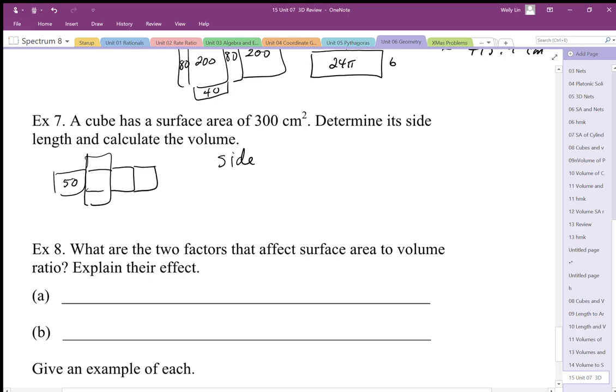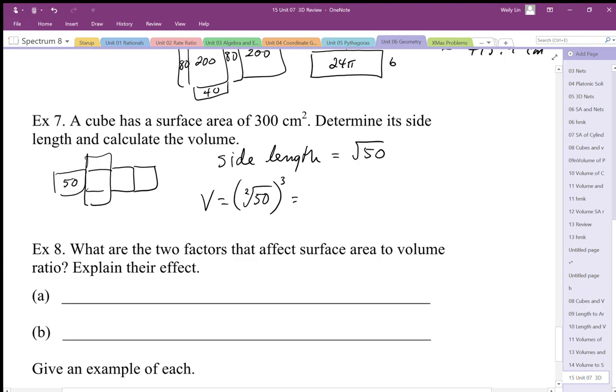So the side length then is taking that square area and square rooting it. So it's going to be square root 50. Okay. Again, I prefer that you use the exact value. This is about 7.1 or 7.07. To calculate the volume, I'm just going to use the exact side length, square root 50, and I'm going to cube that number.